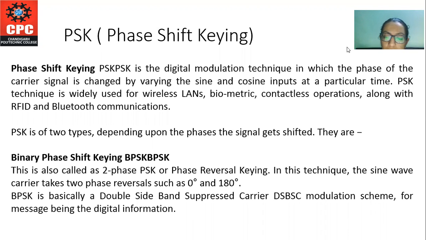So PSK is another form of analog modulation, where the constant amplitude and fixed frequency will be fc. The frequency is used to show both the symbols, that is 0 and 1, but the carrier phase of each symbol differs by a phase of 180 degrees.